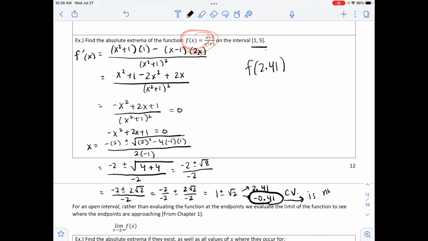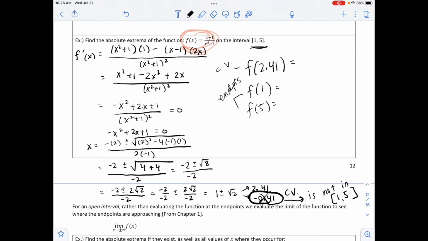So that means that we don't include it. So I'm not going to write that one down to check. The next values that we need to check are coming from my endpoints. So we have f of 1 and f of 5. And again, we only have one critical value that we're checking because that's the only critical value that's in that interval. And then the other 2 values that we're checking are coming from our endpoints.